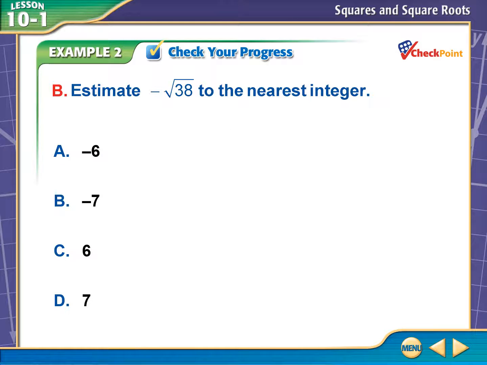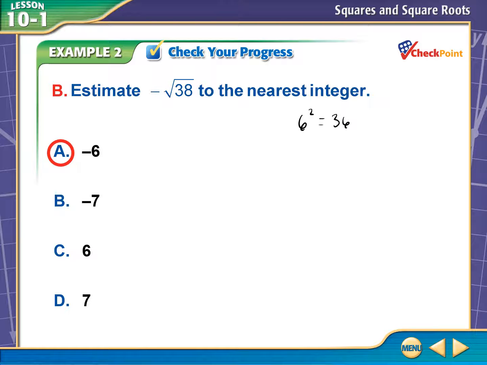And we'll try this one, estimate the negative root of 38 to the nearest integer. And you should have gotten negative 6, because if we're looking at 38, we're looking for what it's close to.